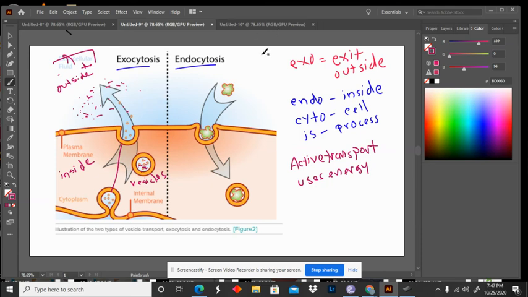Endocytosis is when things go into the cell. Something goes through the membrane, it gets wrapped up into the membrane, and then it fuses with the cell membrane, and it goes right in. What types of cells do this?